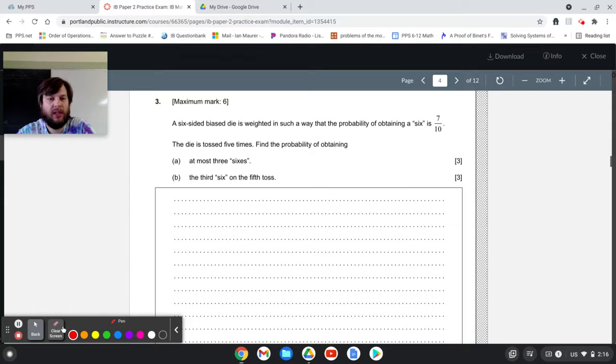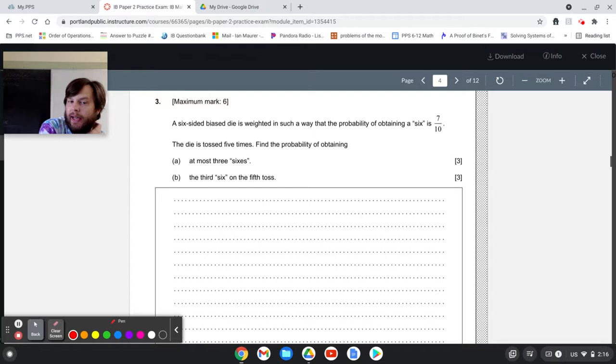Okay. Now, if I look at part B, it's a little bit different. I get the third 6 on the fifth toss. What that means is that I already had 2 sixes going into the fifth toss. So you can think about the probability of getting 2 sixes out of 4 tosses, and then multiply by the probability of getting a 6 on that last toss.